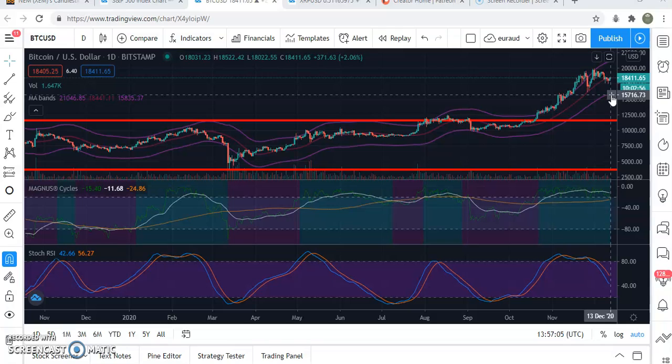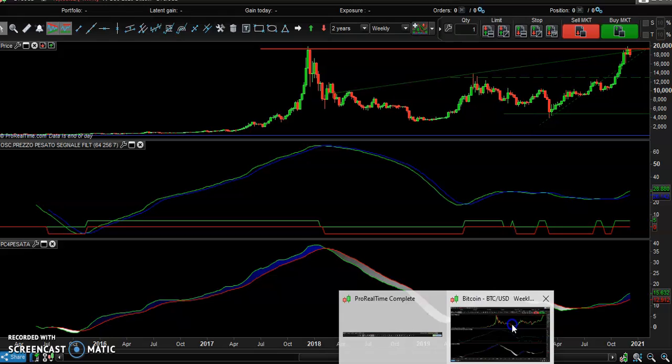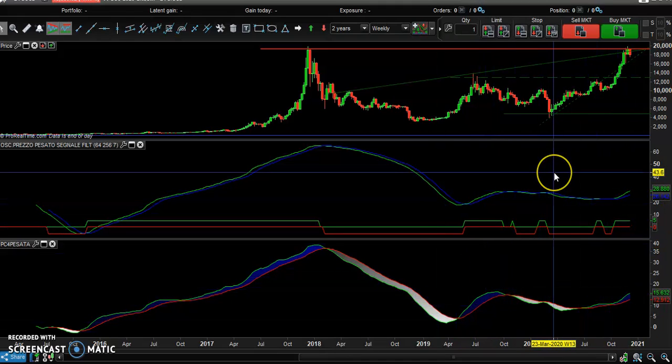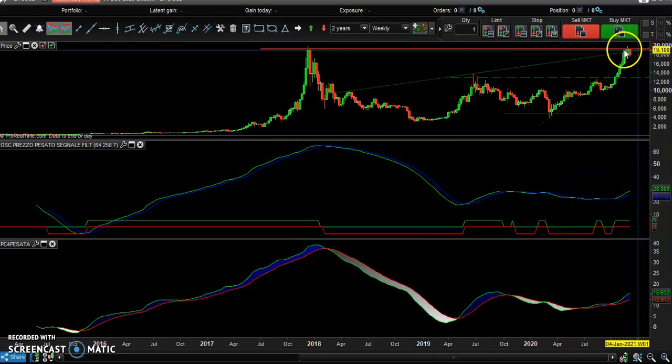But now this is about the minor cycles. So we are inside the strong bull uptrend, and now I will show you why. The reason is that here we have my two proprietary indicators, and as you can see we are just testing the 20,000 US dollars.